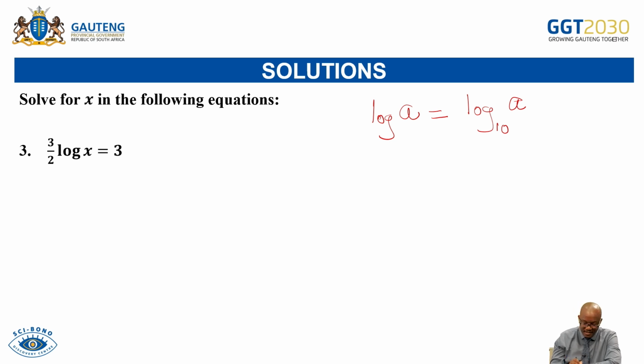The first thing I can say, let's get rid of 3 over 2. We divide both sides by 3 over 2. Then as 3 over 2 divide 3 over 2, then the log of x it will be.